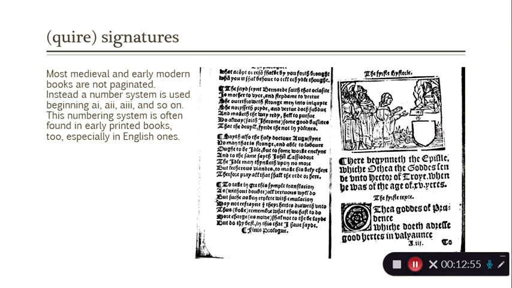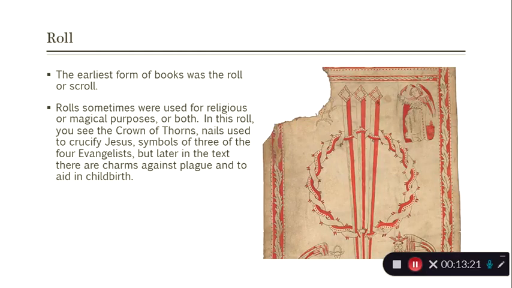A roll. Well, the earliest form of books was the roll or scroll. Rolls were sometimes used for religious or magical purposes, or both. This roll, which is a very famous one and also a very delicate one in the Morgan Library, has various religious illustrations, like here are the 3 nails connected with the crucifixion of Christ, plus the crown of thorns, which is the thing around them.